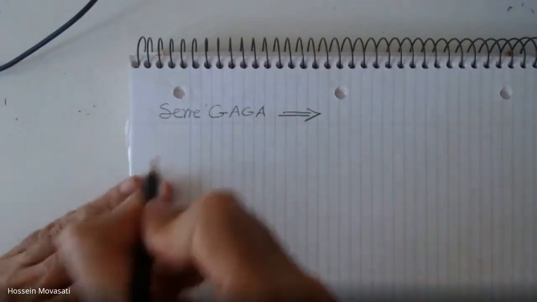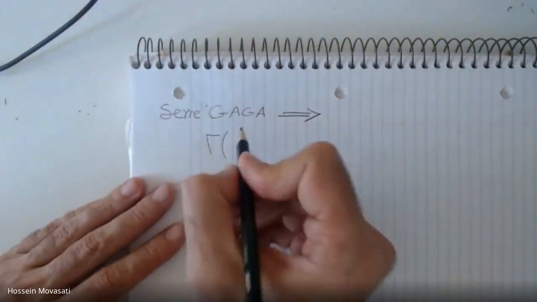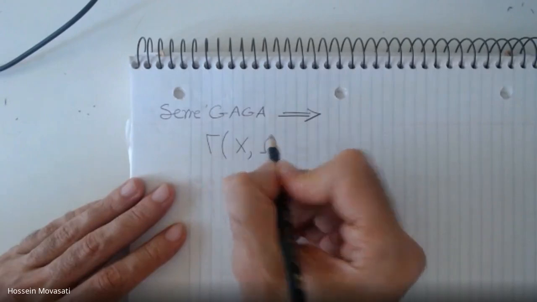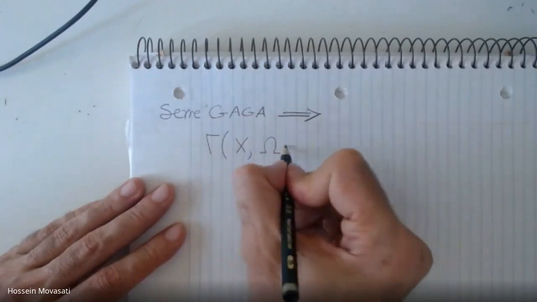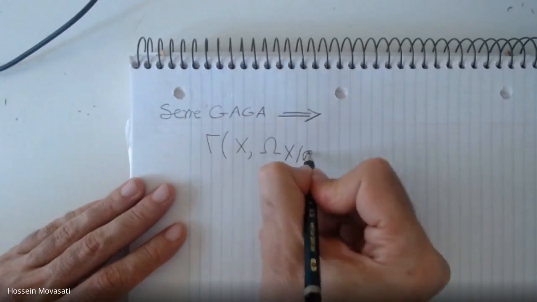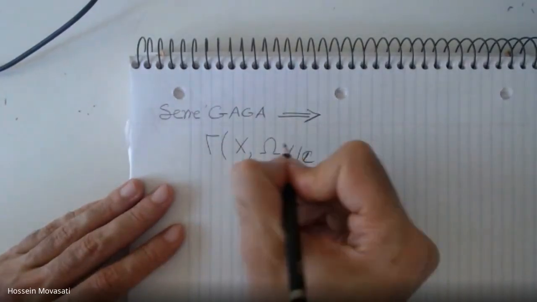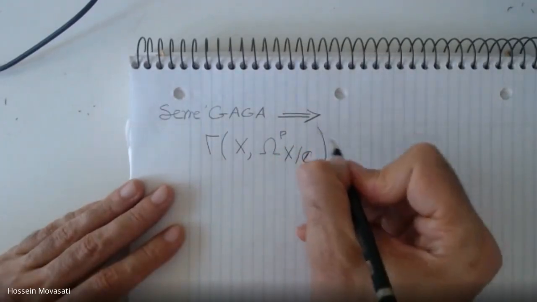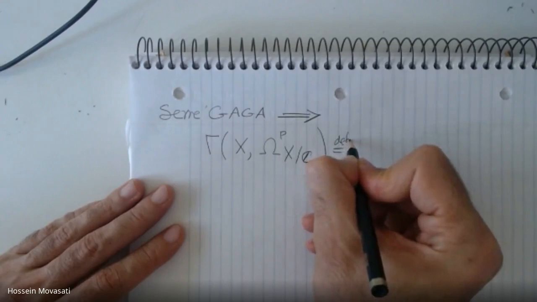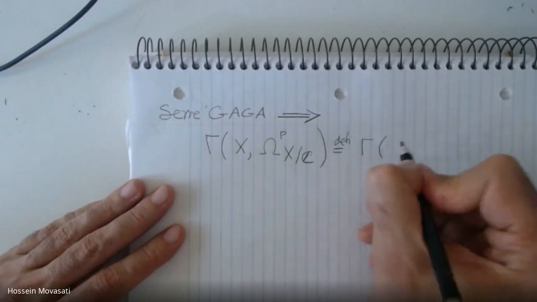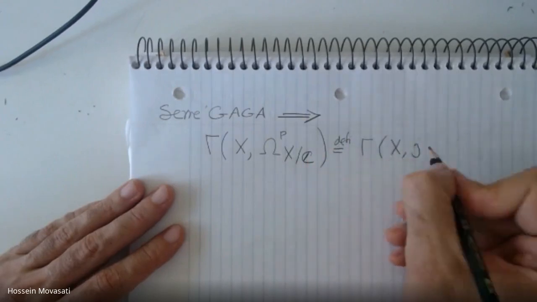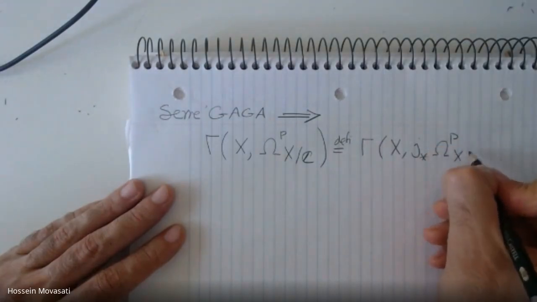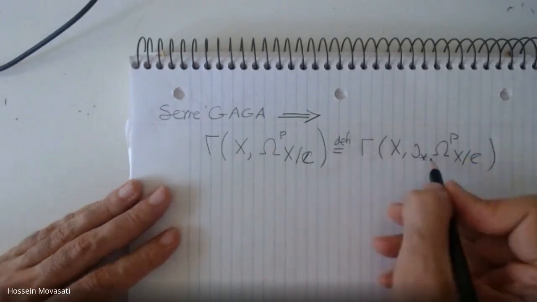I just write it. The global sections of this guy, you remember that this is affine. First of all, this is a definition, by definition this is just Omega X, and this is just notation. So this is just a definition of this guy.